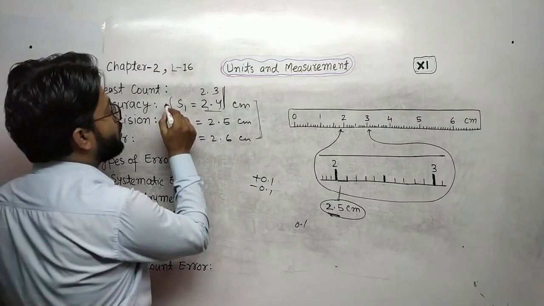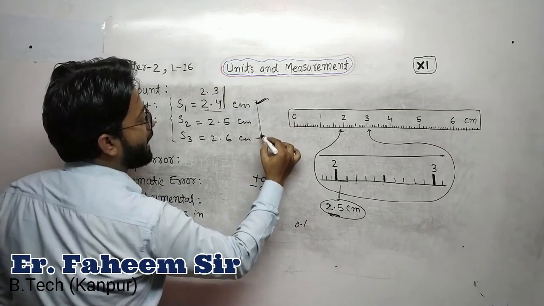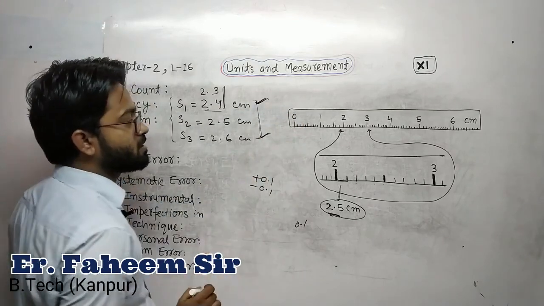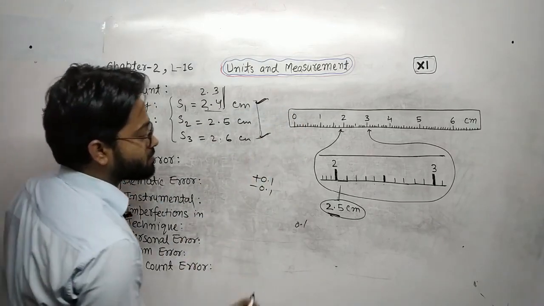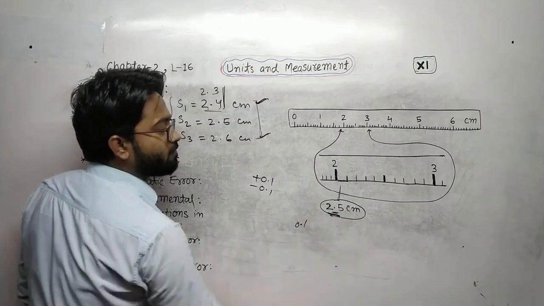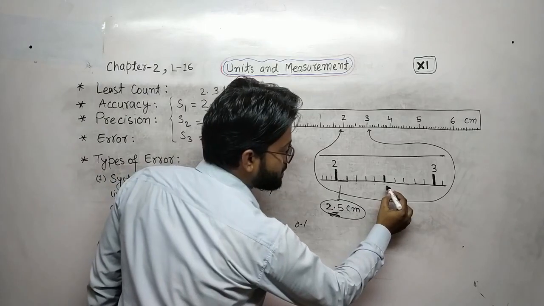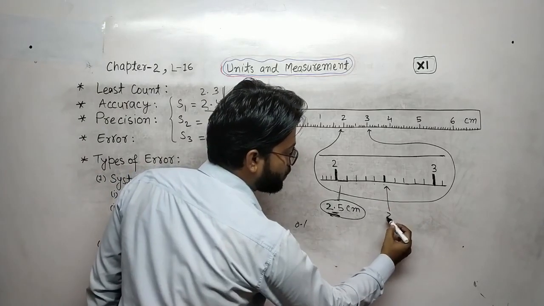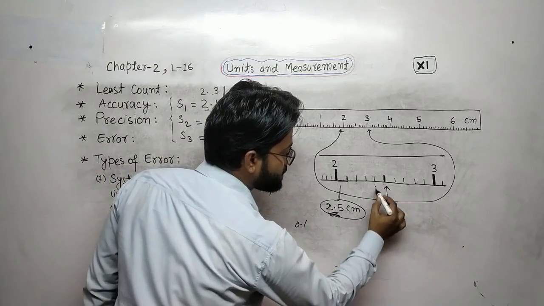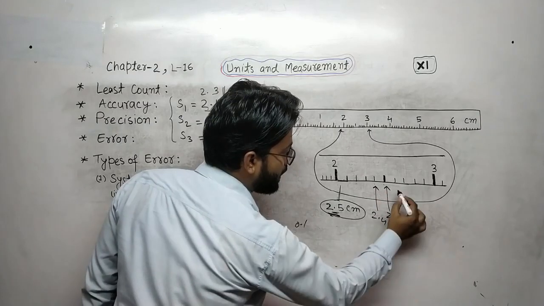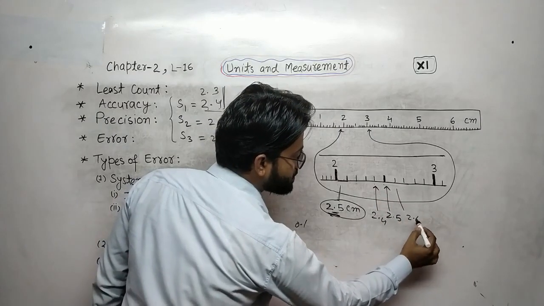It means 2.4 and 2.6 are equidistant from 2.5. This is 2.5, and this is 2.4, and this is 2.6.